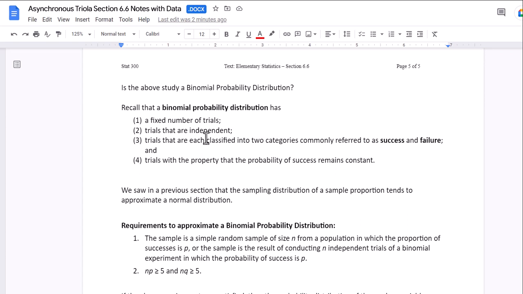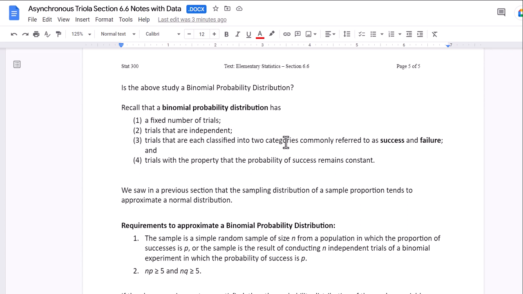Now, in our case, the Bob and Tim study is a binomial. Yes, right, it has a fixed number of trials. We had 18 students take the survey, so that's a fixed number. Each trial was independent, so you taking the survey and selecting whichever name you selected did not affect another student from making their selection. So they're independent. Trials are each classified into 2 categories.